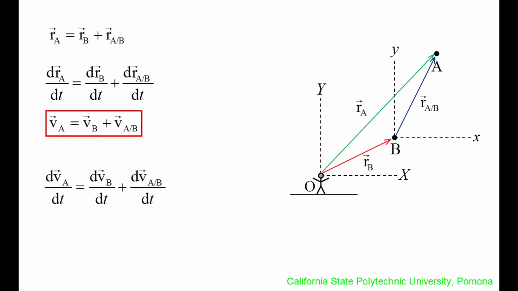Recall that the acceleration vector is the rate velocity changes with respect to time. So if we differentiate the relative velocity equation with respect to time, we obtain the equation for relative acceleration.